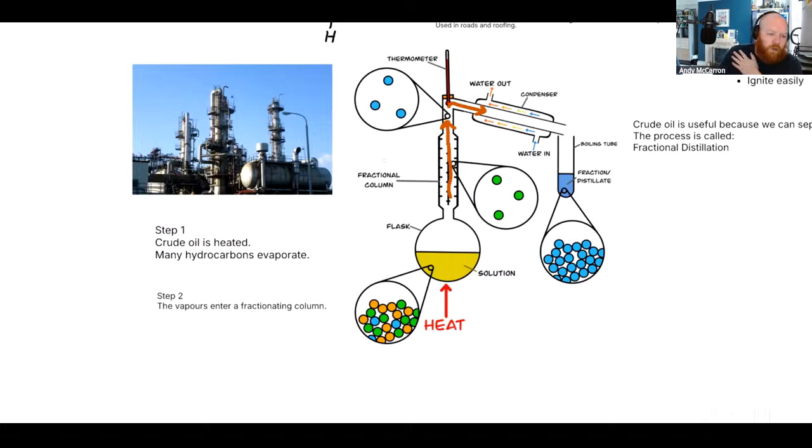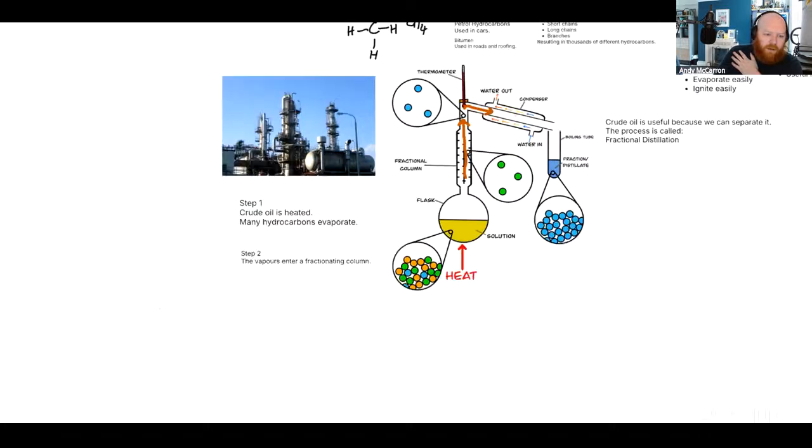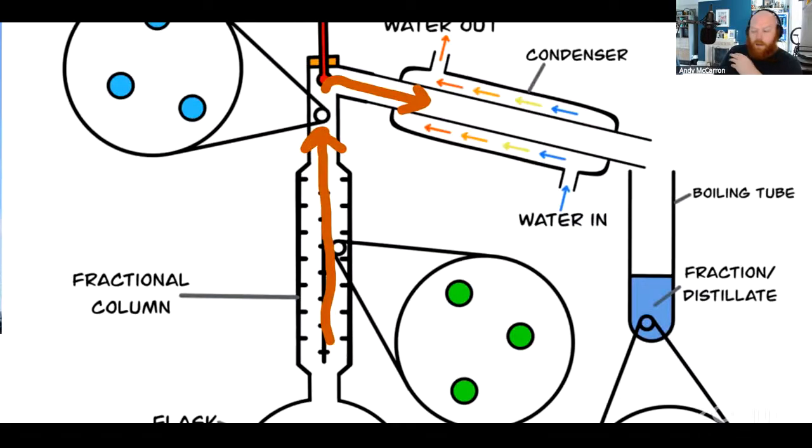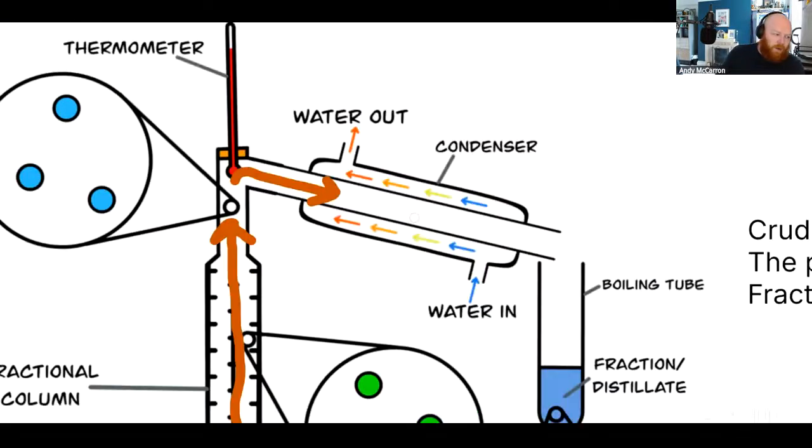Now, you'll notice on my condenser here, and this is the reason why I actually drew it like this, for all condensers, and they love to ask this as an exam where they say, draw the arrows on a condenser.